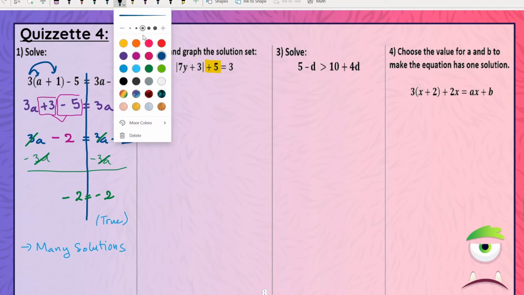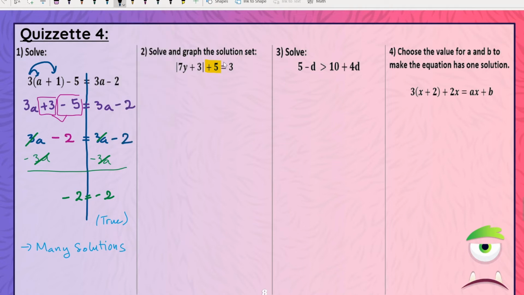So what we're going to do right now is get the absolute value alone by itself before breaking it down in two cases. So you're going to subtract 5 from both sides. Okay, that will give us the absolute value of 7y plus 3 equal to negative 2.